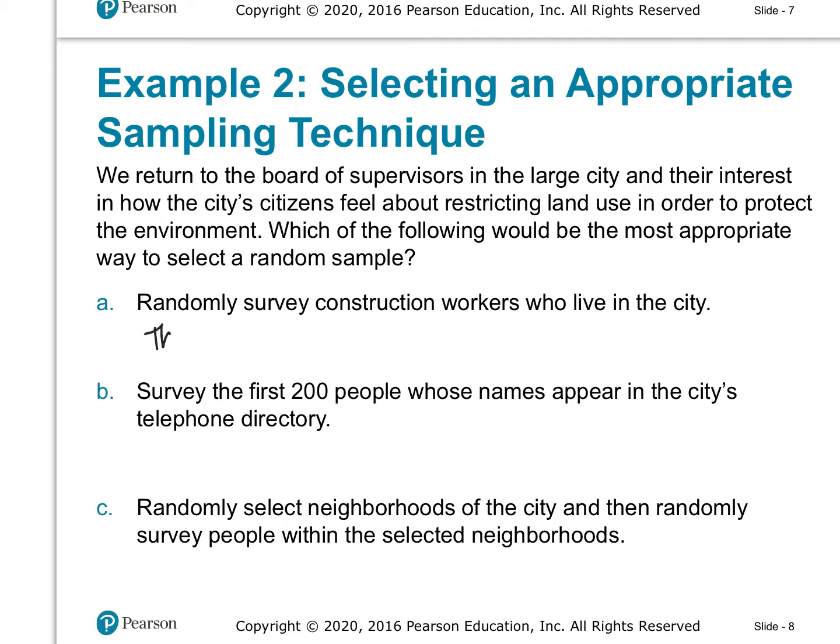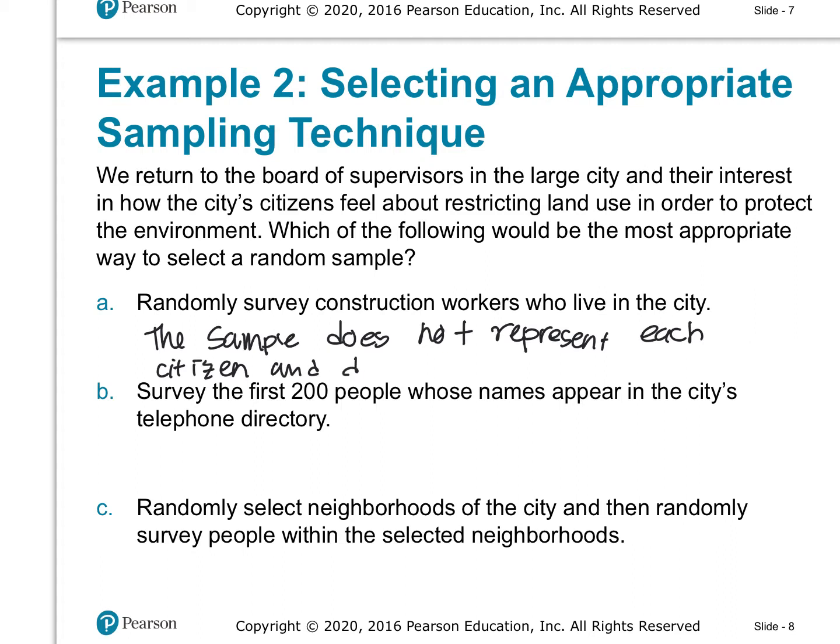So you would say the sample does not represent each citizen and does not give an equal chance. Because in your samples, you want to have people that are for and against so you can see where that data may fall.